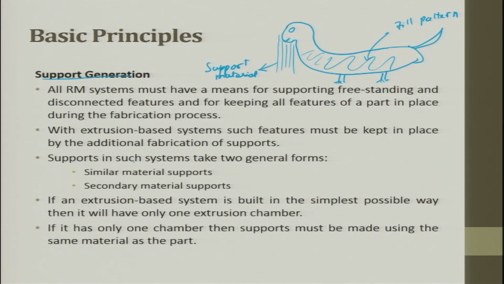Supports in such systems take 2 general forms: similar material support or secondary material support. Similar material, what will happen is the density of the material fill will be low, so that it can be easily broken off. Secondary is that the strength of the material itself is low.